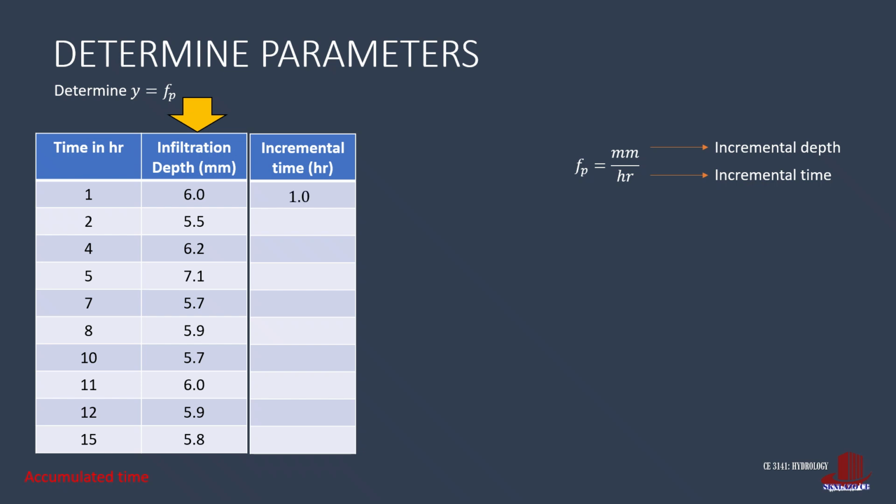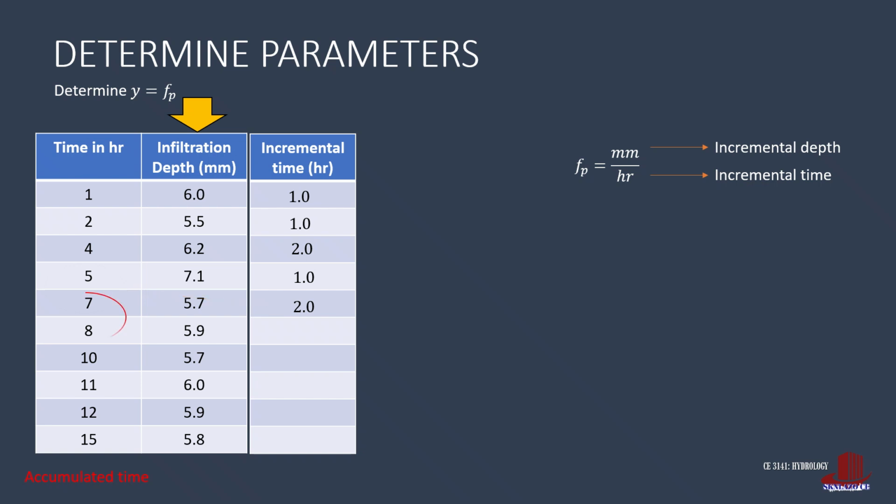First is 1 minus 0, giving 1. Next is 2 minus 1, which is then 1. The difference of 4 and 2 is 2. Then, 5 minus 4 is 1, followed by 7 less 5, which is 2.